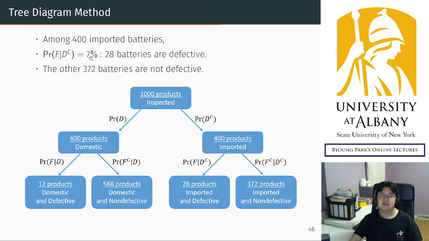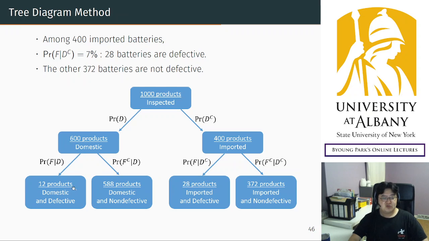It's 7%. So you have to use 7% to classify this. So we know that 7% are defective. Then 7% out of 400 batteries would be 28. So if you inspect 400, 28 would be defective. And then the remaining 372 batteries are non-defective.